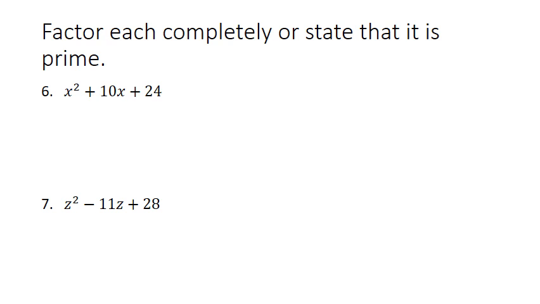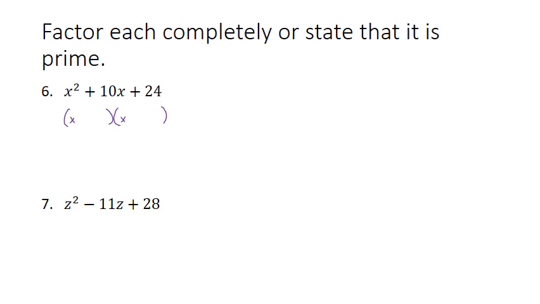So for example, number 6 says, if you have x squared plus 10x plus 24, what does that factor into? Your ultimate goal is to factor this into 2 separate binomials. Here's my little trick. Step number 1, if there's an x squared, or as we'll see a z squared on the next one, that's going to give away what your first terms are.